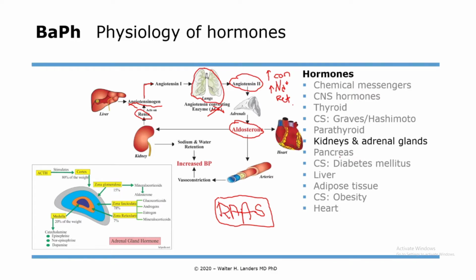And angiotensin goes to the adrenal glands, which we will talk about soon. You can see it over here, the adrenal gland. And it will stimulate the secretion of aldosterone. And aldosterone helps in actually increasing blood pressure by having vasoconstrictive effects on the arteries as well. And that, together with retention of sodium, causes an increase in blood pressure. And that's what the RAS system is for.